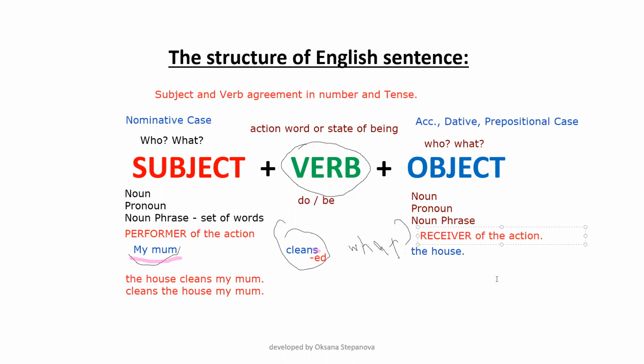So the subject mom is the performer of the action. It does something here, and the object receives this action. So she cleans what? She cleans the house. So this is the receiver of the action.